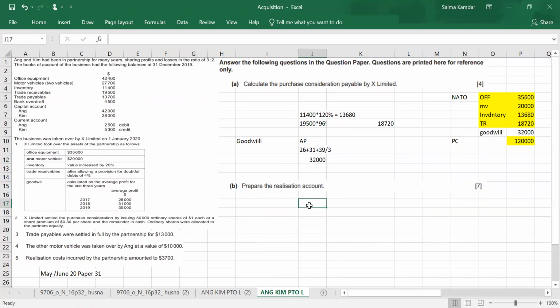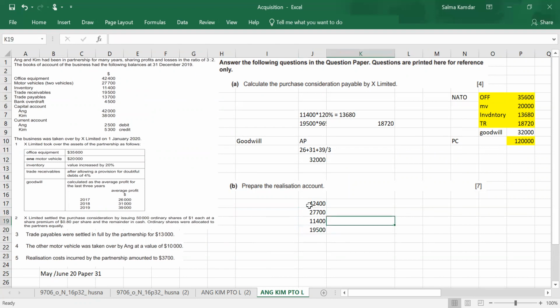So what are these assets? It's 42,400 office equipment, 27,700 for motor vehicles, 11,400 for inventory, 19,500 for trade receivables.